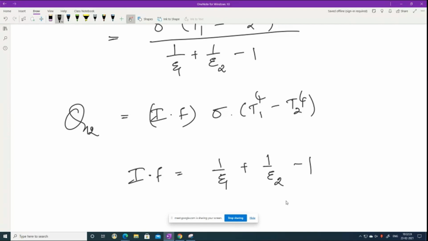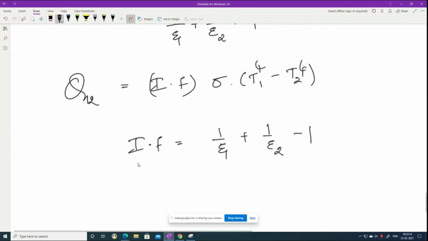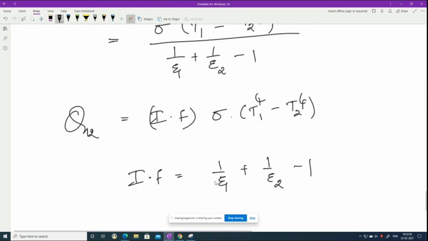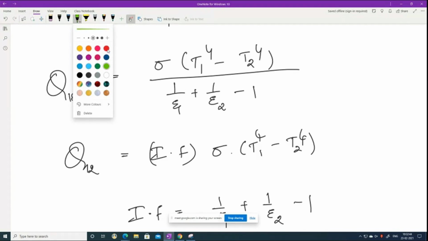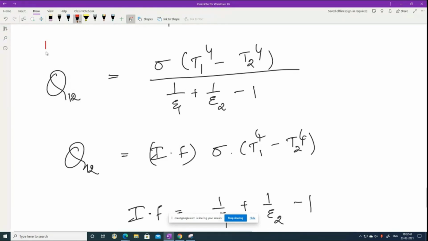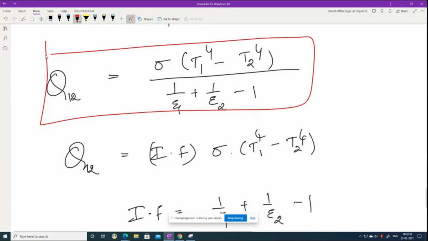Also, this kind of expression you can write using the resistance concept. That resistance concept I'll be telling you shortly, but before that, let me solve a simple problem based on this one. Either you can use this formula or this one, anyone you can use. Sorry, it will be 1 by IF.